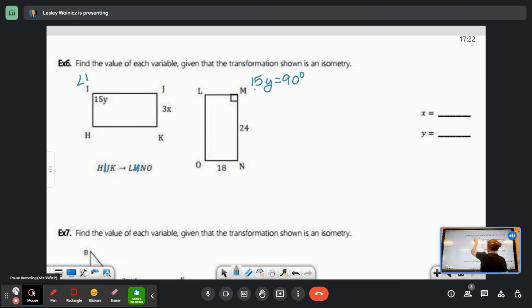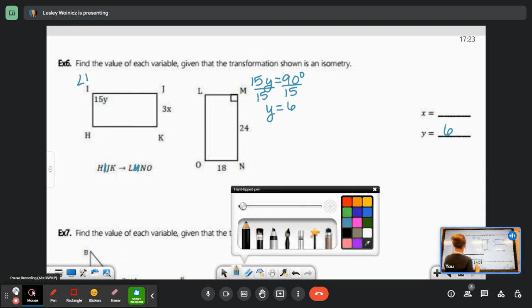So if I divide both sides by 15, oh, I think it's 6. I think y is 6. I'm getting a calculator. Okay, it's 6. I didn't embarrass myself.